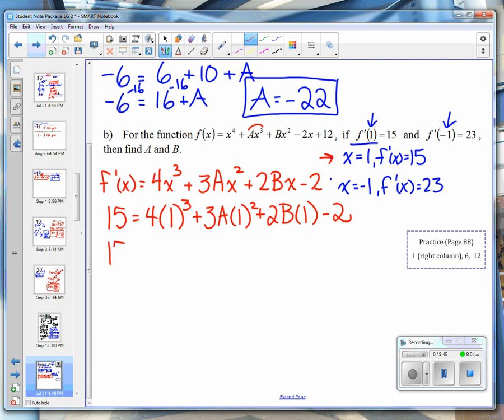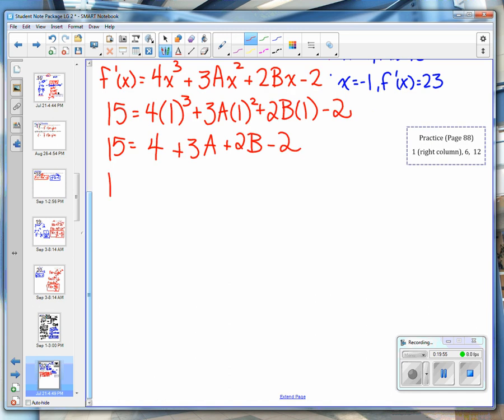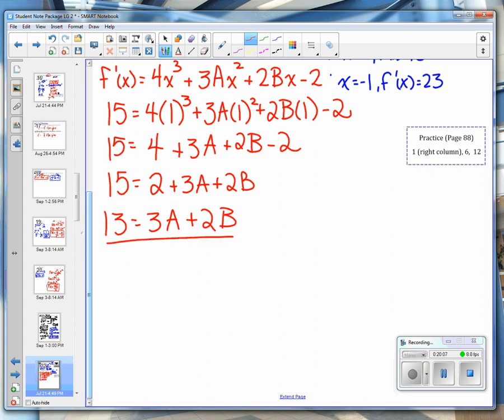So I've got 15 is going to be equal to 4 plus 3a plus 2b minus 2. So 15 is going to be equal to 2 plus 3a plus 2b. So 13 is equal to 3a plus 2b. So that's important, but obviously not our final answer.